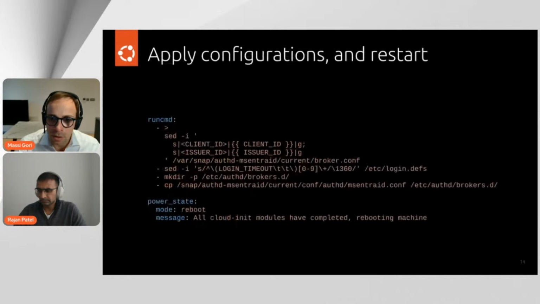In the final part of the file, we are setting the issuer ID and client ID part of the configuration file, setting a specific login timeout, and moving over the configuration file.